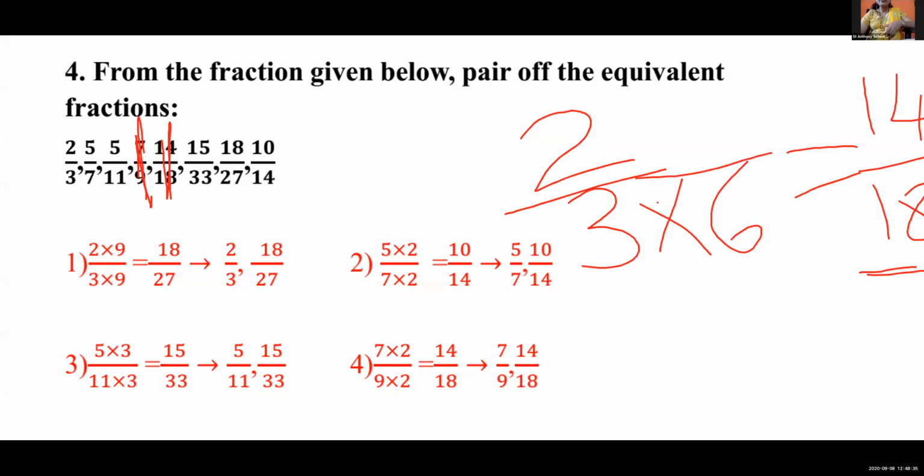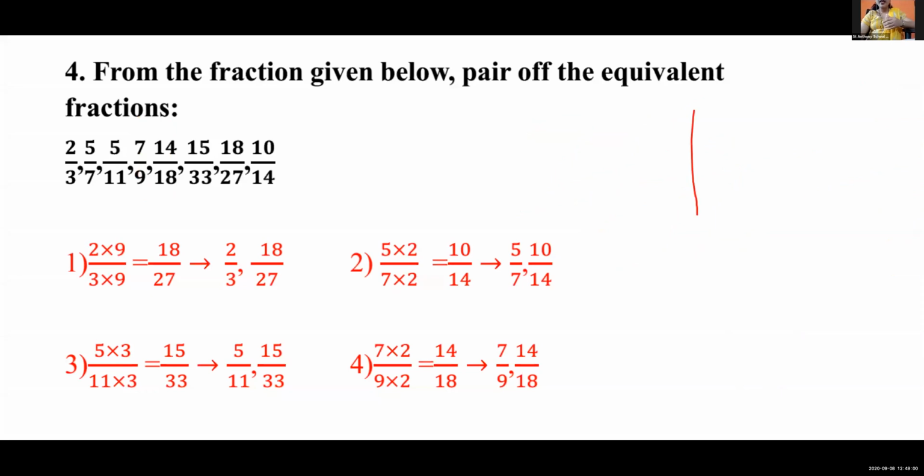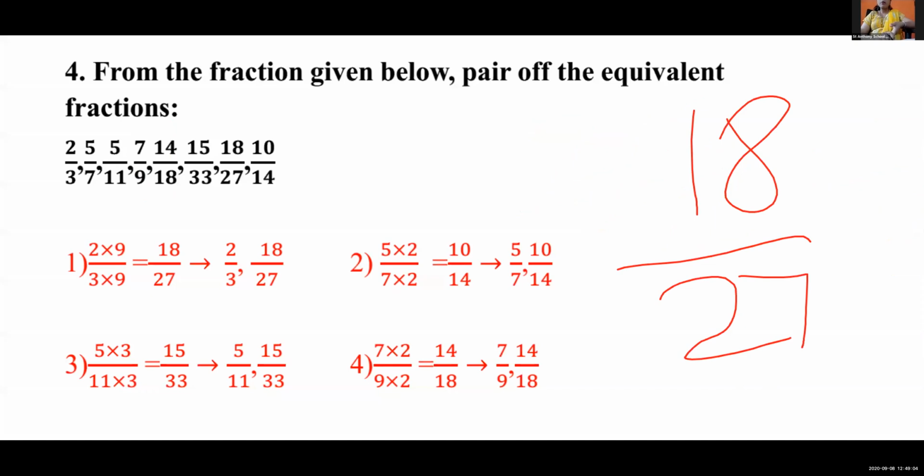But if you multiply by the same number in the numerator, 2 sixes, what should have come here? 2 sixes are 12, 12 should have come. But is 12 there? No. 14 is there. Since 14 is there, will this be an equivalent fraction? No. That's why we have taken 18 upon 27.